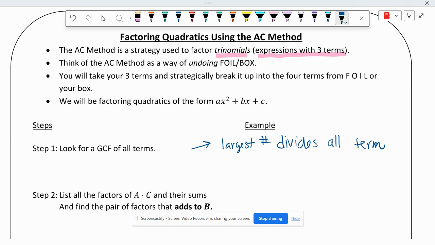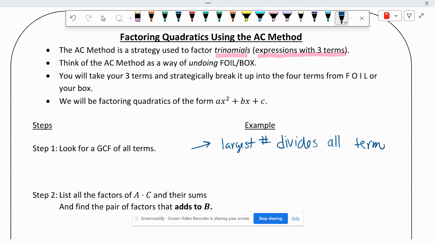What about the exponents? How do we deal with exponents on the variables? What did we say yesterday? It's the smallest power that they all share. Do you guys remember that?